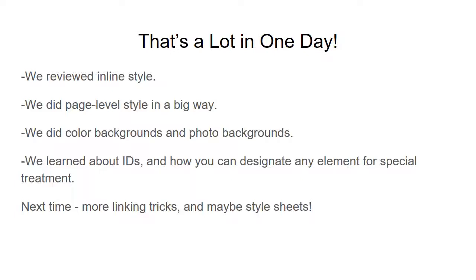What we did today was learn a new way to do page level style and inline style, assigning backgrounds, photo backgrounds, color backgrounds. Most importantly, what we learned was to assign IDs to individual elements, be they paragraph or image or heading or could be lists, could be columns, could be the body of the page entirely.